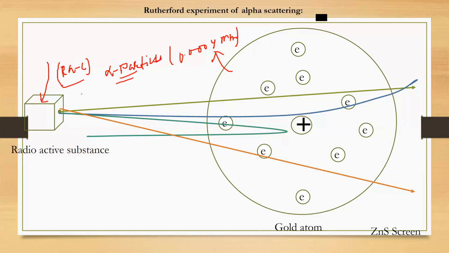Alpha particles have plus 2 unit positive charge and mass 4 unit. So Rutherford conducted this experiment by bombarding a thin sheet of gold foil with alpha particles.